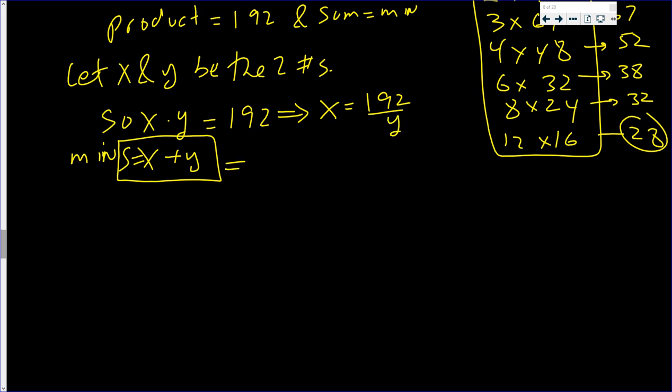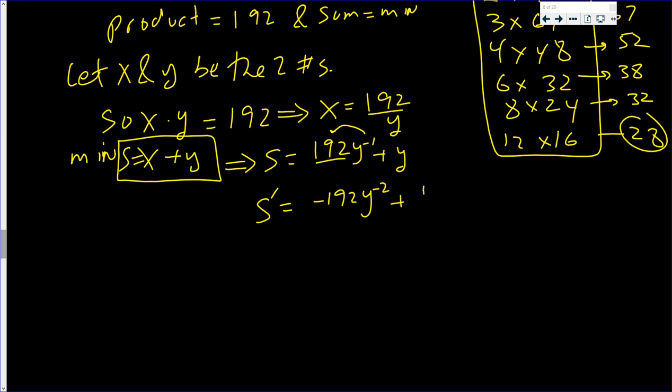So now s is equal to 192 y to the minus 1 plus y. Now I can take the derivative. s prime is, bring down the power, negative 192, make the new power 1 less, plus 1. Now you want to set this equal to 0.